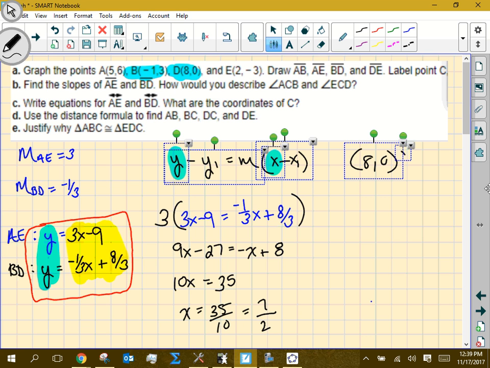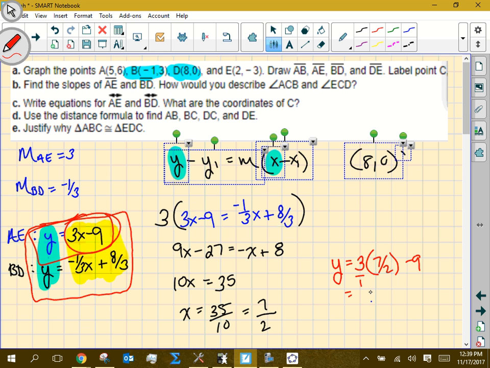I'm going to come over here and plug that into this top equation to find y. That top equation makes more sense than the bottom one because the bottom one has fractions. I could use the bottom one, it'll work, but the top one's a little bit easier. So I'll say y is equal to 3 times 7/2, and then minus 9. 3 times 7/2, that's 3 over 1 times 7 over 2.